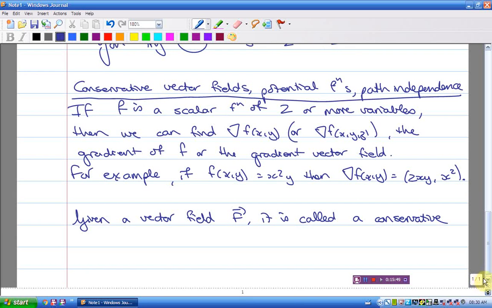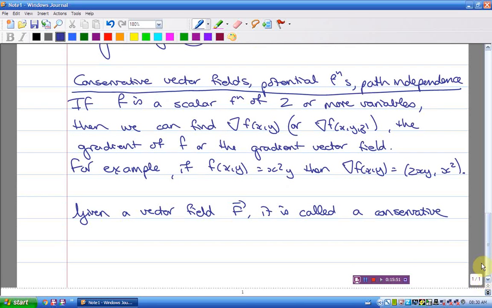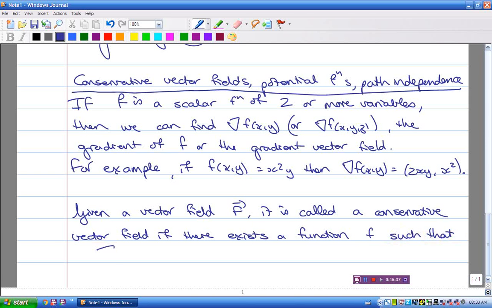Anyway, I think it's a rather odd adjective, but it's called a conservative vector field if there exists a function, any function, which I'm going to call little f, such that grad of little f is equal to big F.